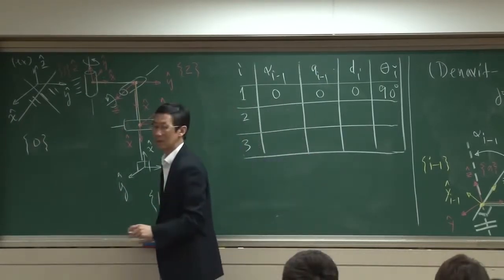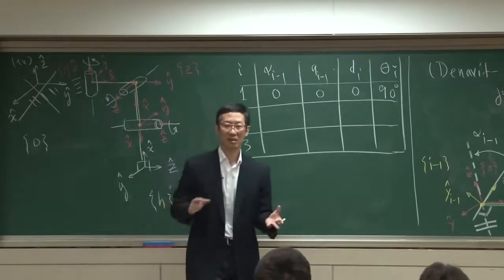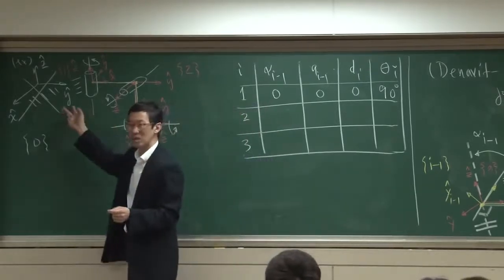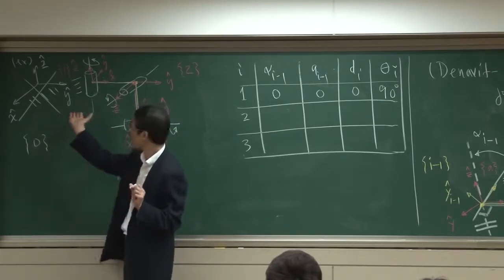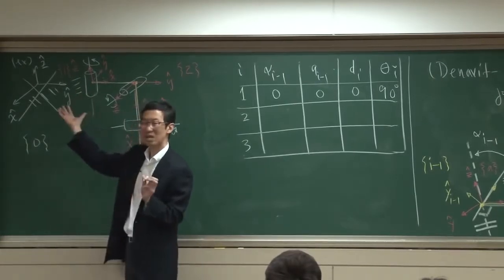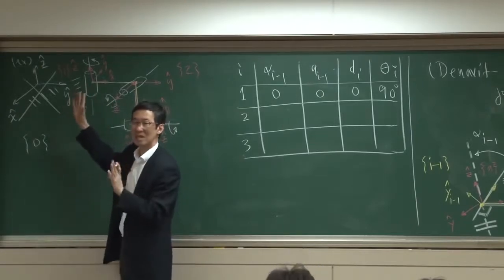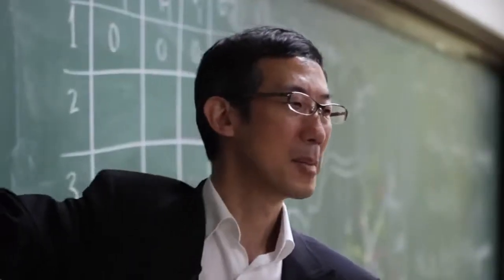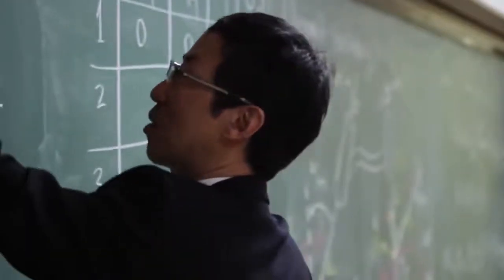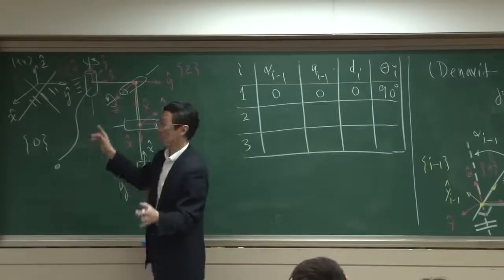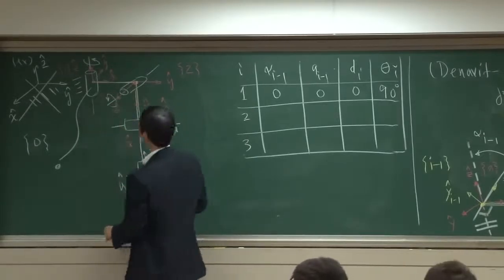So what does work? Well, it's pretty clear that translation in the y direction doesn't work. Rotations around the y direction are also not possible. So we have to choose the fixed frame in a way such that it works. The easiest way to make it work is to pick the same frame as frame 1.